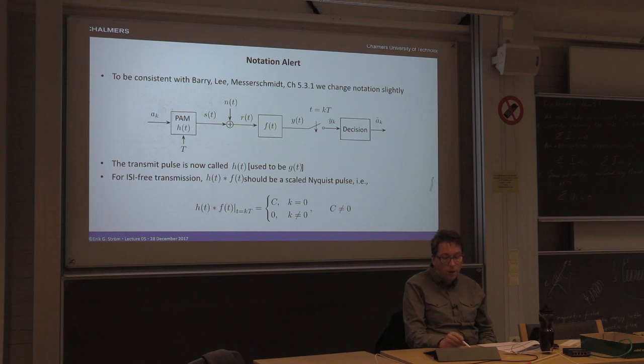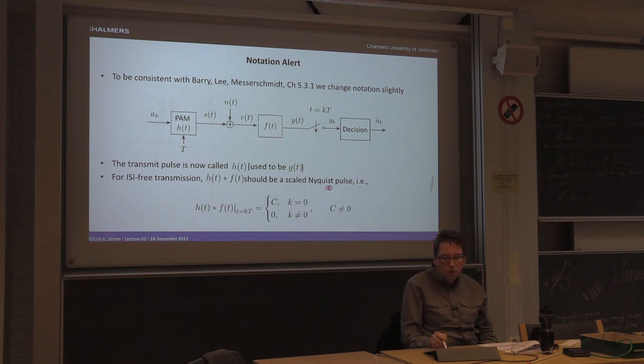So here, now the big change is that the transmitted pulse is no longer G, it's H. Which means that the criterion for Nyquist is that H convolved with F should be a Nyquist pulse. Previously it was G convolved with H should be a Nyquist pulse. Okay, so that's the difference. I'm sorry for that. I don't know why they changed notation in the book, but they did. So to be consistent with the book, we will also change notation. If I had written the book, I would not have done that.